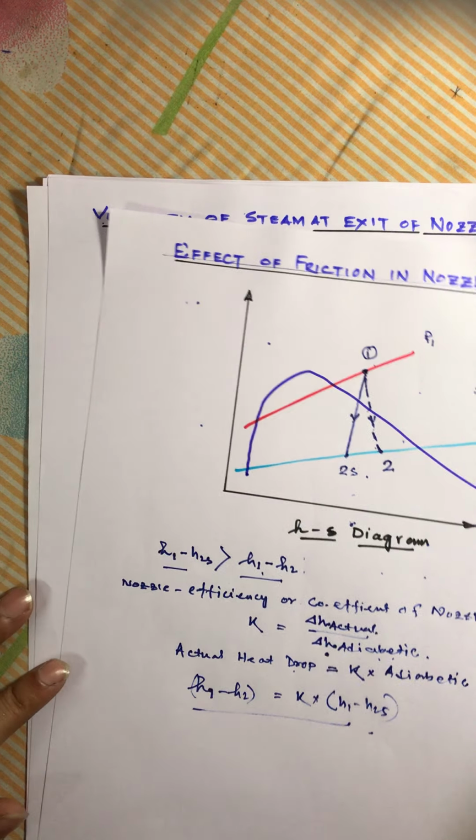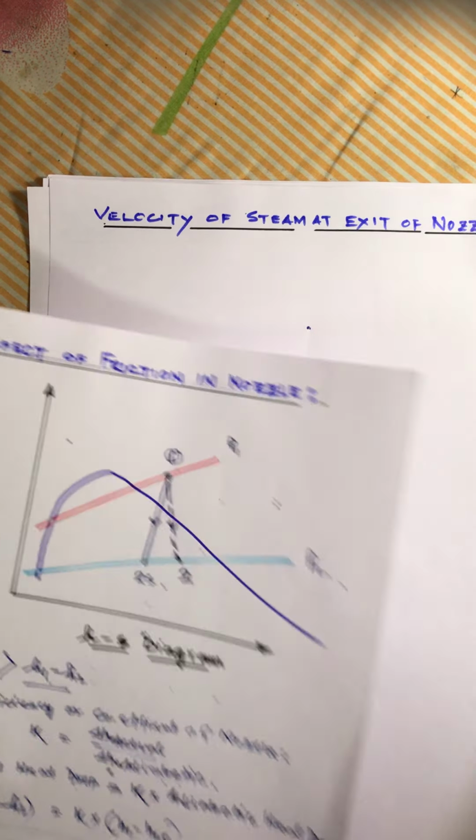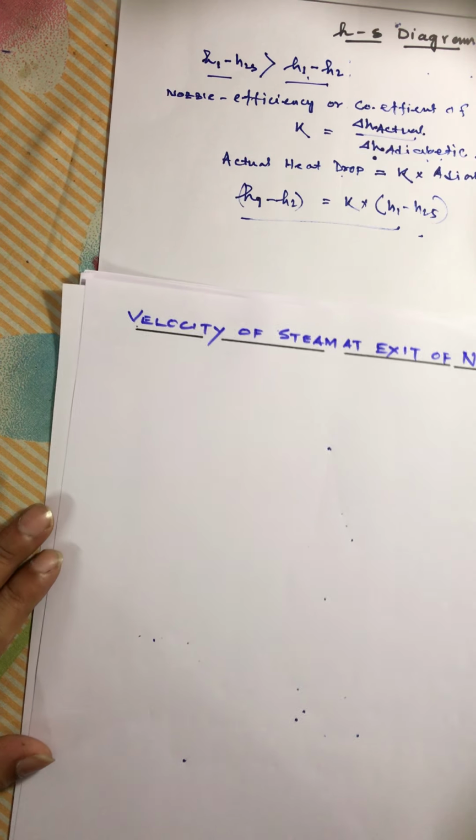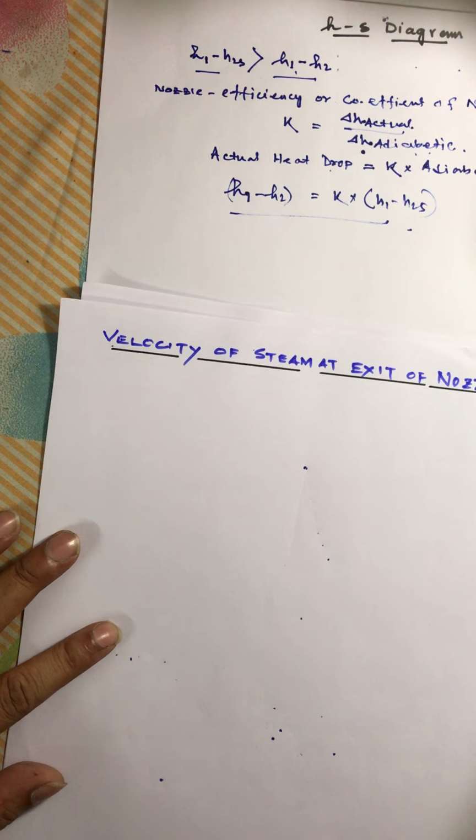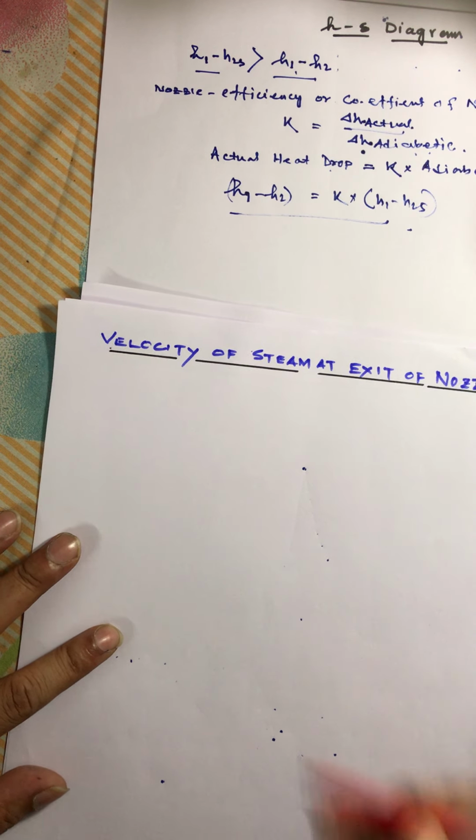the velocity of the steam at the exit of the nozzle. Whenever we have to consider the velocity of the steam, suppose this is a nozzle.